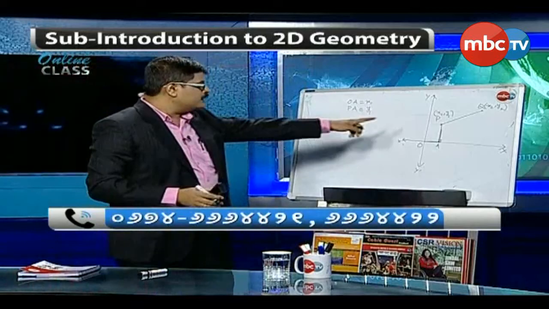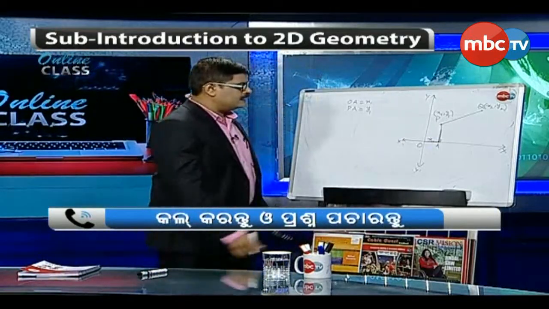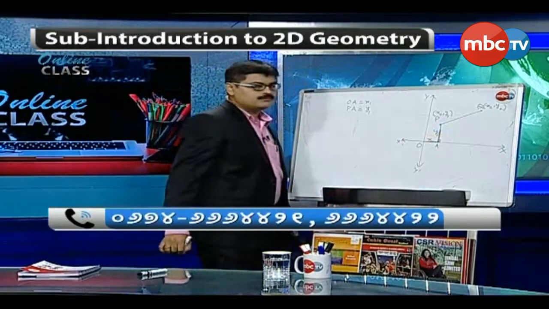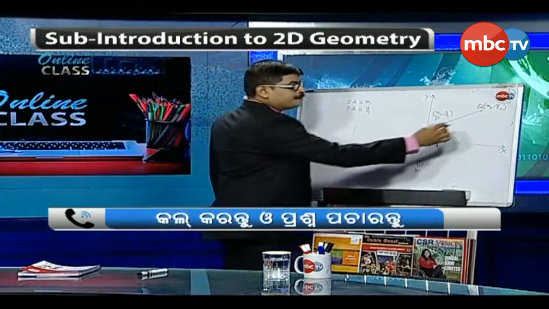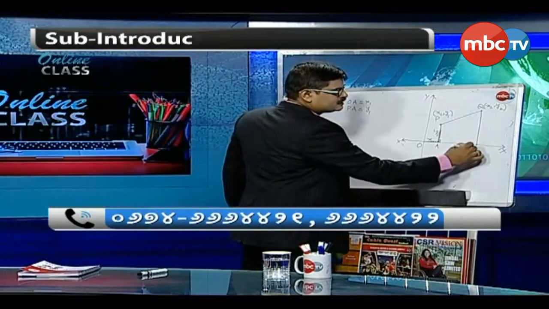OA will be equal to x1 and this distance will be y1.